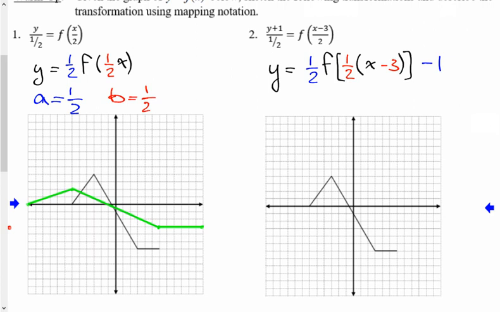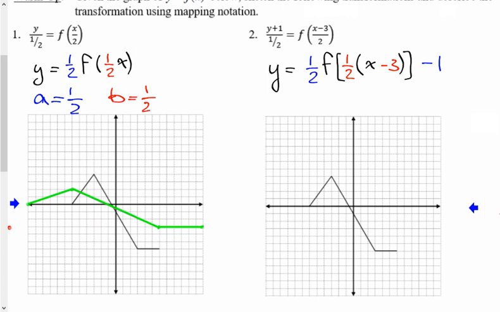Nope. Horizontally, even though I have this x minus 3 and then all over 2, I can rewrite that as though I factored that half out in front and then put an x minus 3 in brackets. So then I can see my B value is a half. So the stretch factor is reciprocal of that. Stretch factor is 2. And it's translated to the right, so again, opposite of what it looks like, by 3 units.